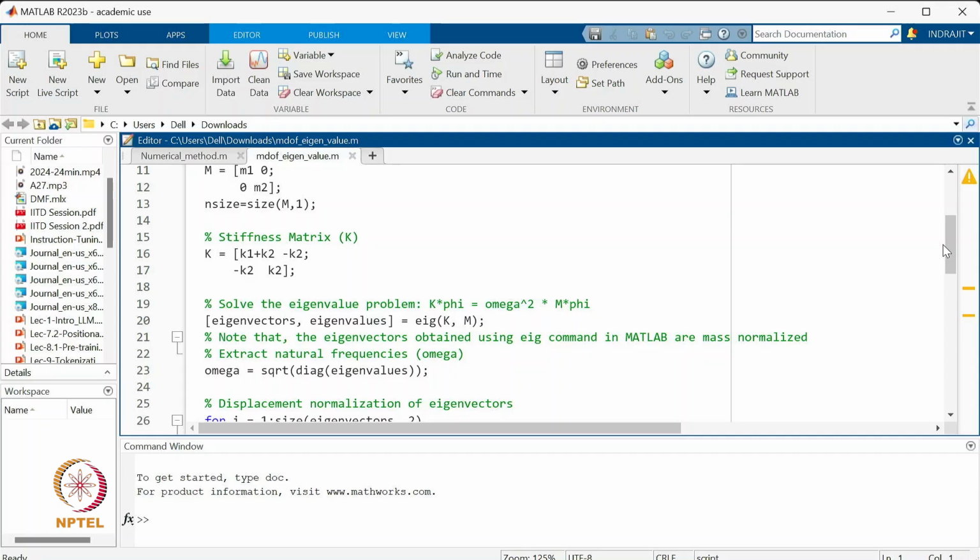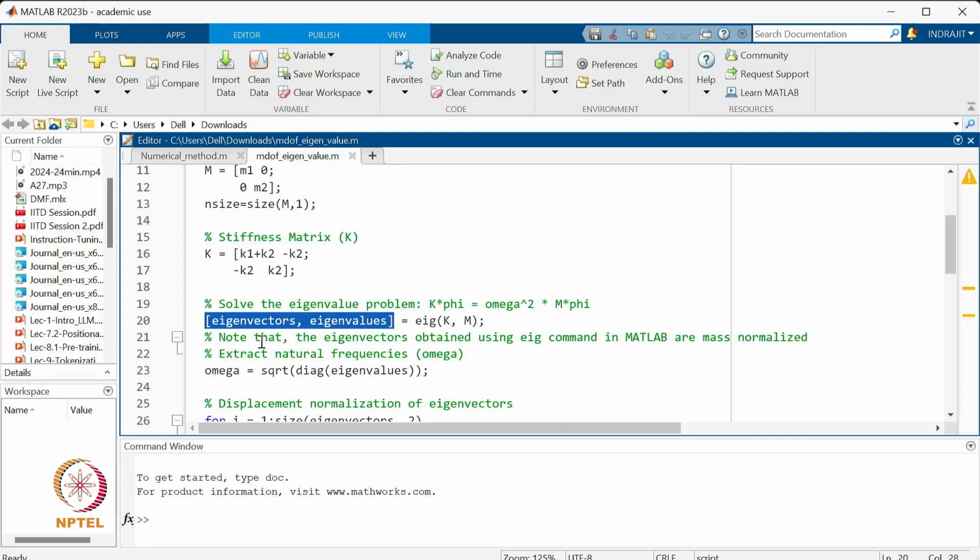If you have not seen that first portion, maybe you can see it here. Suppose instead of writing these two outputs, eigenvectors comma eigenvalues, you write only eigenvalues equal to eig, then it will give only eigenvalues, not eigenvectors.